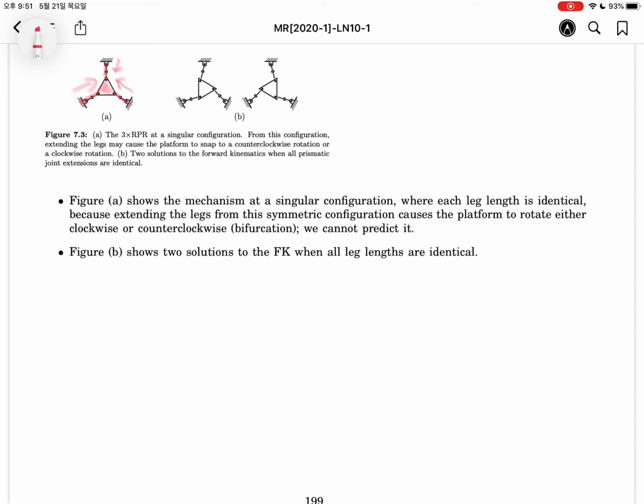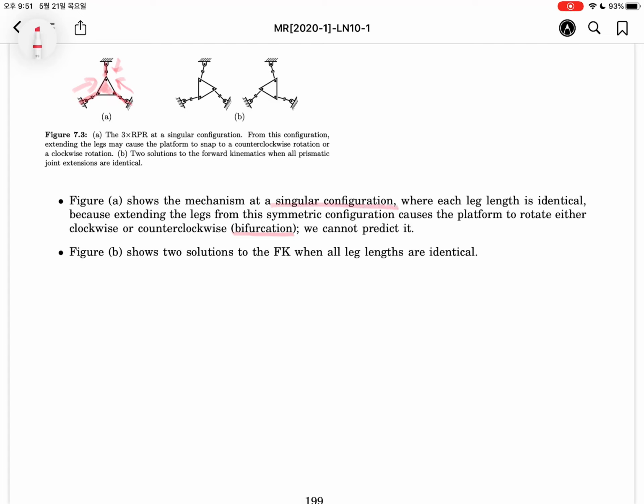We don't know that. We cannot predict it. Okay, so this kind of case is called bifurcation. We cannot determine clockwise or counterclockwise. It corresponds to the singular configuration.